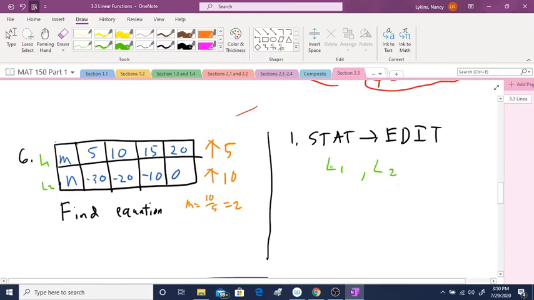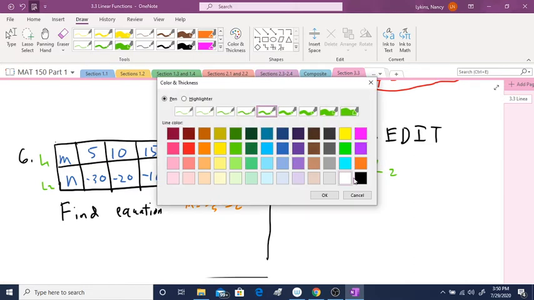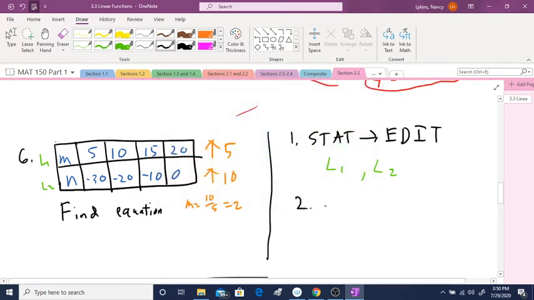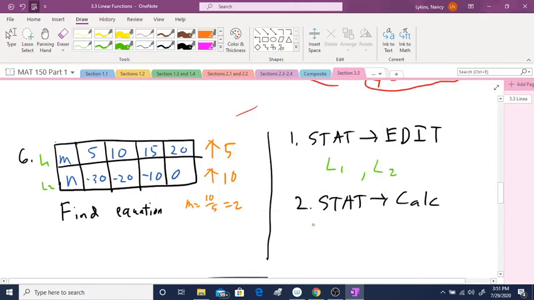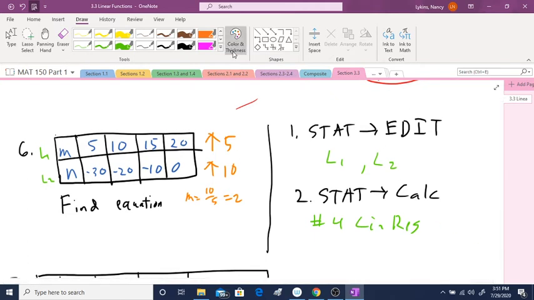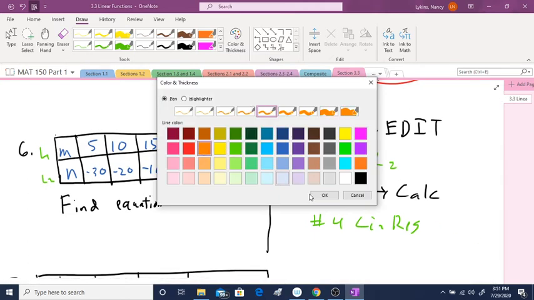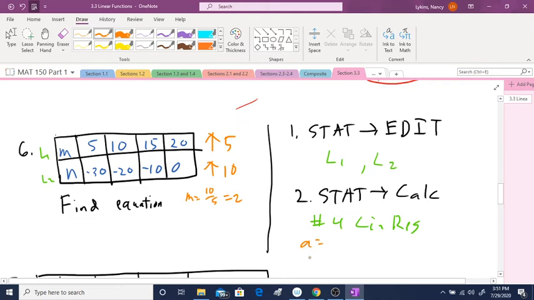Okay, so we put those in, and then I want to go stat and calc, option 4, which is linear regression. You should come up with an A and B value.